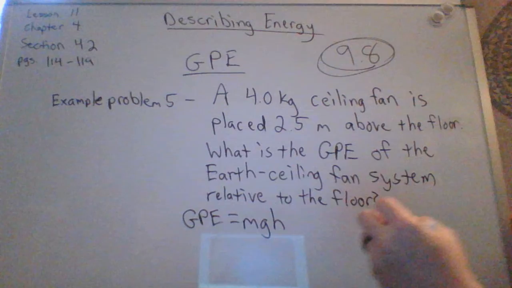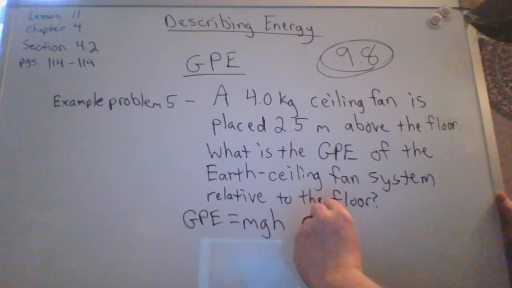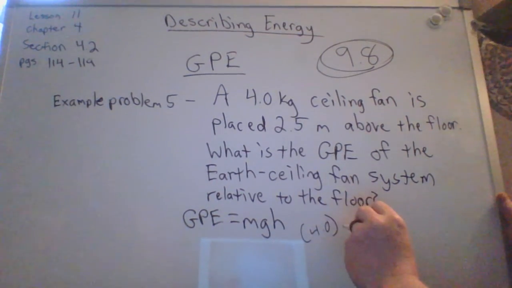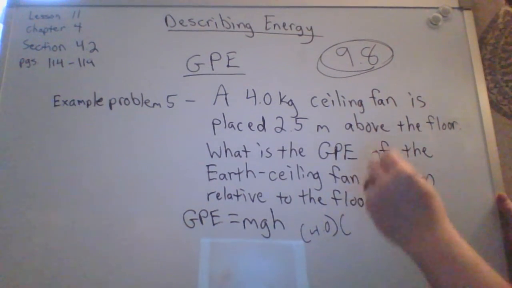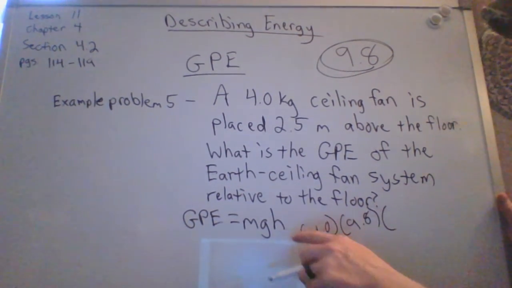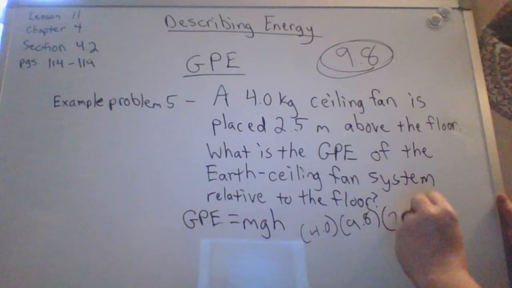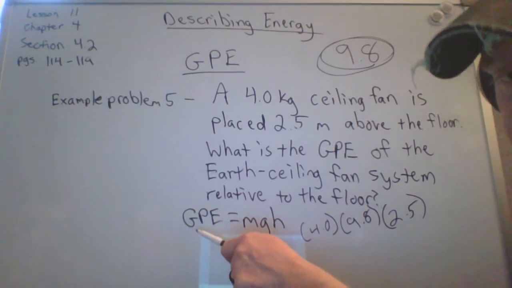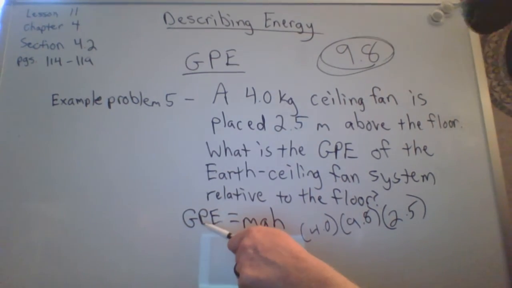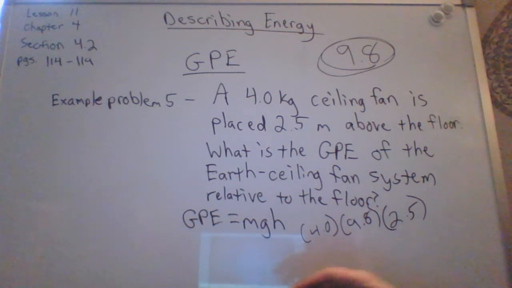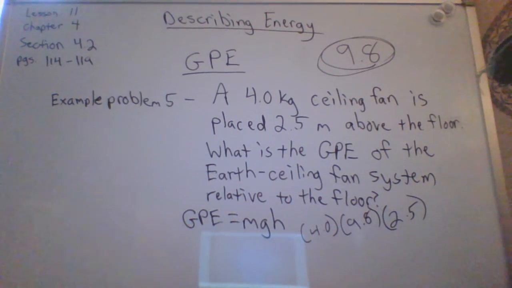So we have 4.0, you could say 4 if you want, times 9.8, which is gravity on Earth, times our height, which is 2.5. All of those multiplied together will give us our gravitational potential energy. Keep in mind that gravitational potential energy is measured in joules, and I'm just going to grab my calculator so I can make sure we have the correct answer.